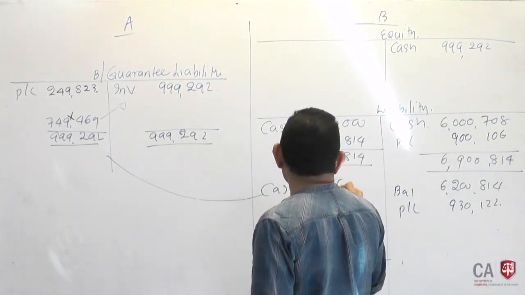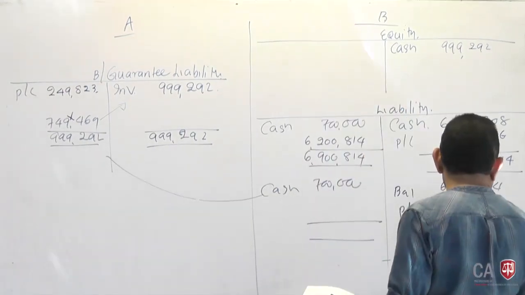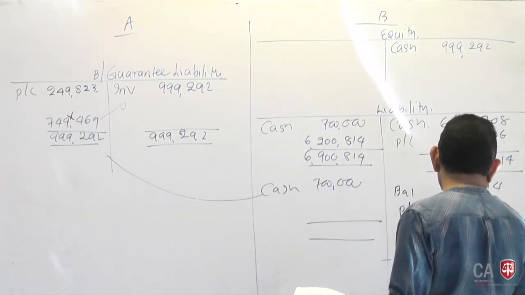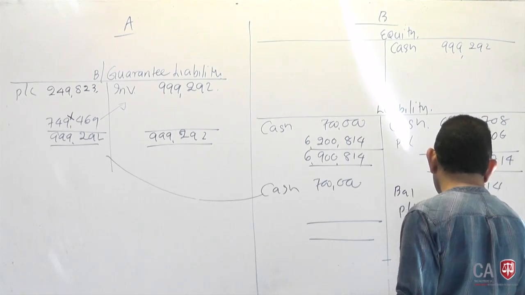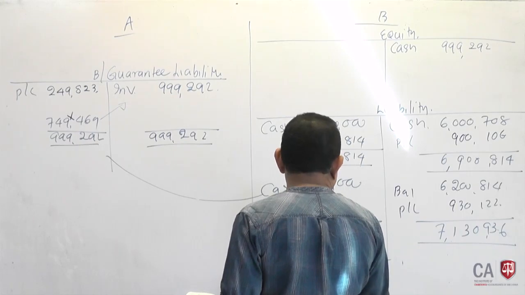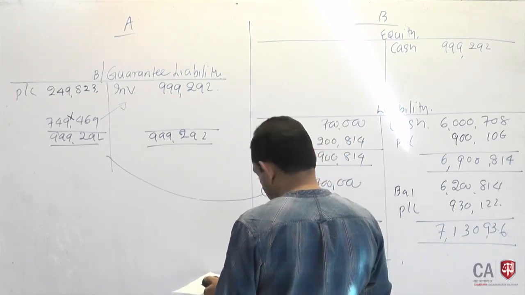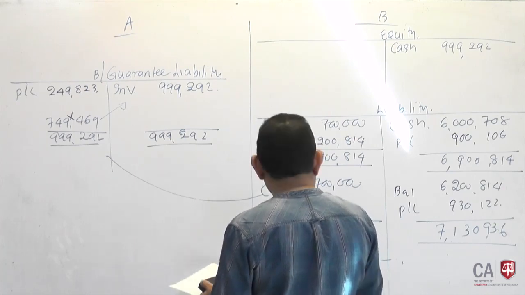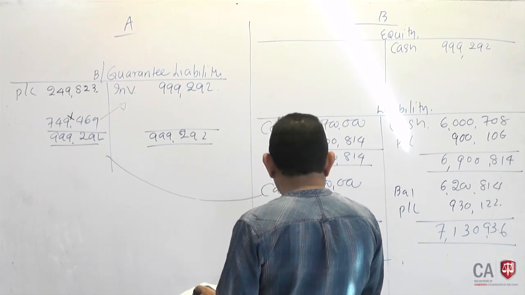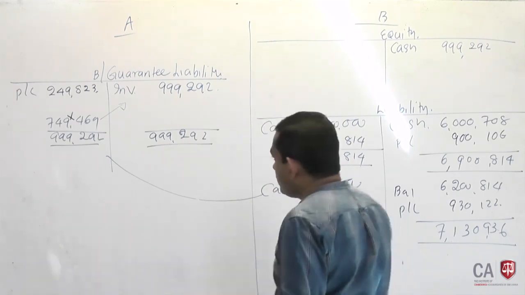Cash 700,000. 7,130,936. $6,430,936 should be the balance.